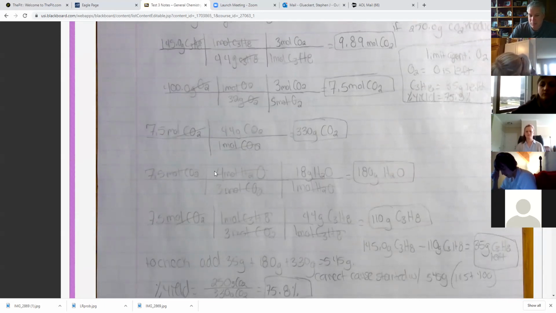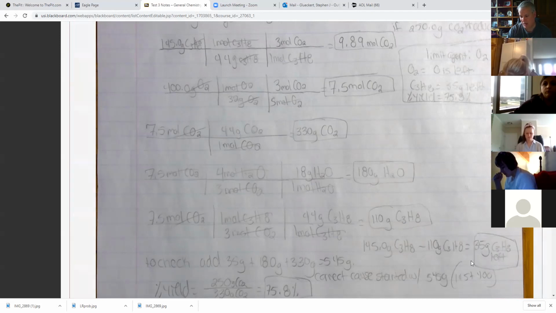So moles to grams got us our water. Moles to grams got us our grams of C3H8, which was reactant, so it's going away. And so take the amount you started with, subtract the amount you used, and that gives you the amount left.